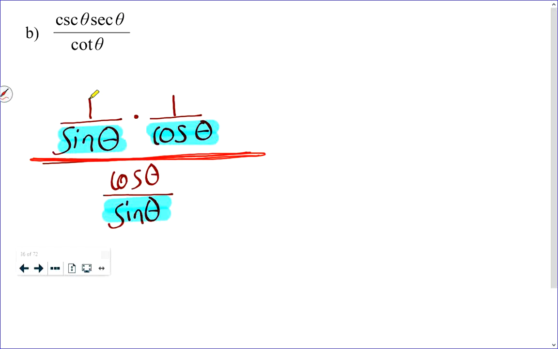So I don't want this or this. I don't want those there. I want something without denominators in the numerator. And I don't want this. I don't want over a fraction. Do not multiply by the reciprocal. It's going to fail you soon. What you do instead is you say, what do I multiply the numerator and denominator by to get rid of all of these mini denominators? And I have to multiply the top and the bottom by sine of theta.